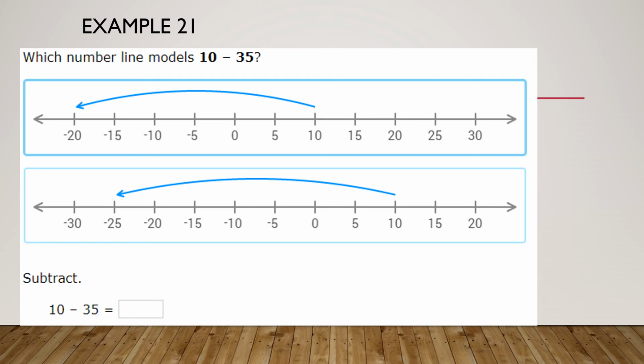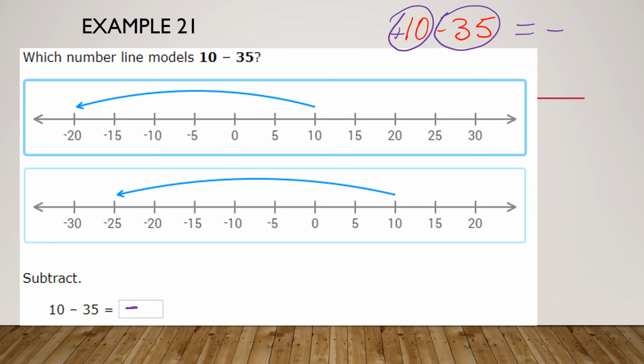Okay, 10 minus 35. So we don't have to do the sock trick here because we don't have signs that are beside each other. So do you have more of your positive number or more of your negative number? In this case, we've got more of our negative number, which tells us we're going to have a negative answer. 10, we know, has an imaginary positive sign in front of it, and 35 has a negative sign.